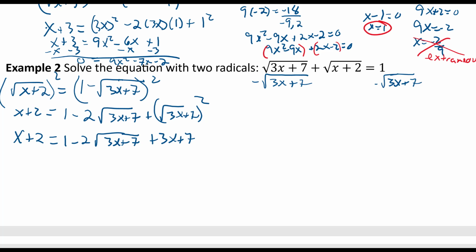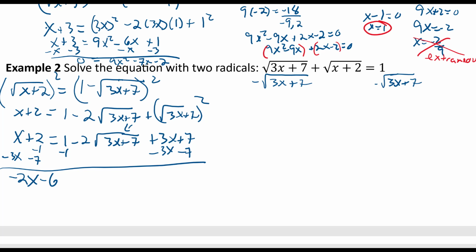So now we want to isolate this radical here. So we move everything else over. We'll subtract the 1 from both sides, subtract the 7 from both sides, and subtract the 3x. That gives us negative 2x, so we have 2 minus 1 is 1, minus 7 is minus 6, equals negative 2 times the square root of 3x plus 7. This one works nicely to divide by negative 2 on both sides.